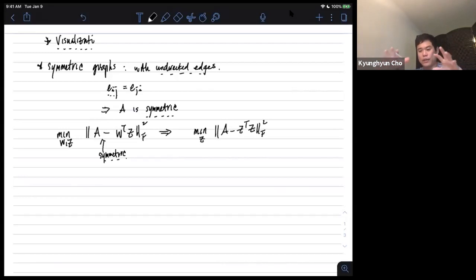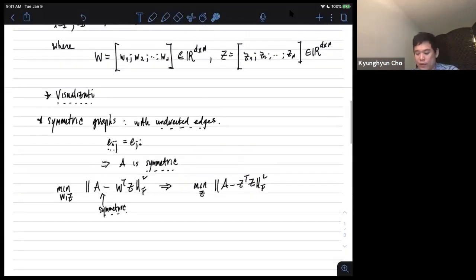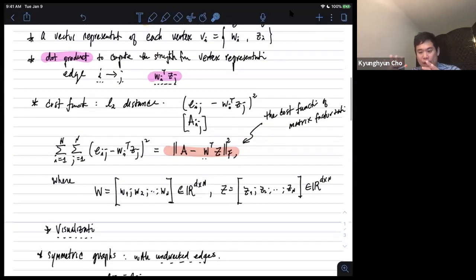So in other words, if the A matrix is symmetric, then each and every vertex is going to have a single representation, the Z vector or the code vector. Before, when A was asymmetric, or when we didn't know that A was symmetric, we had to give 2 vector representations, W_i and Z_j, for each and every vertex in this graph.